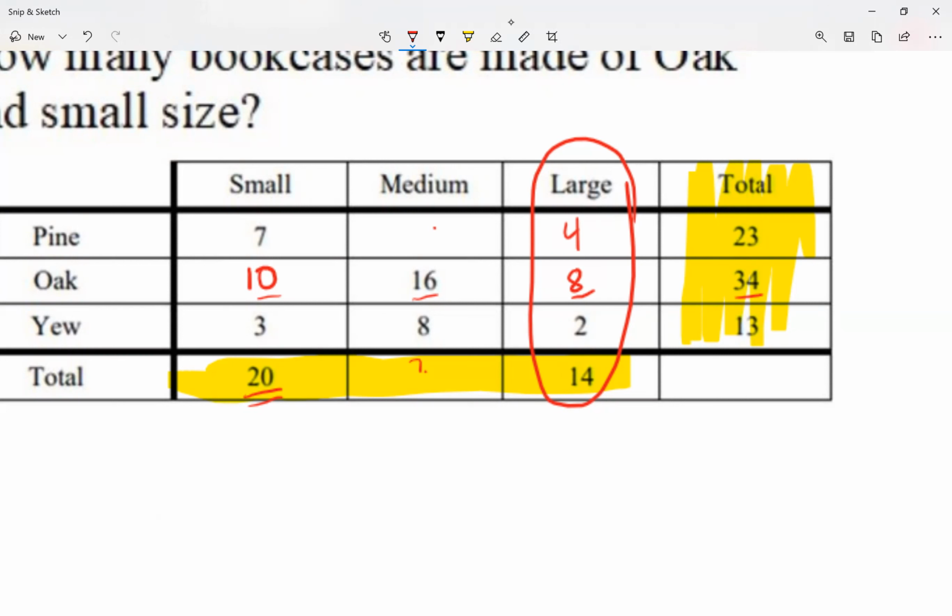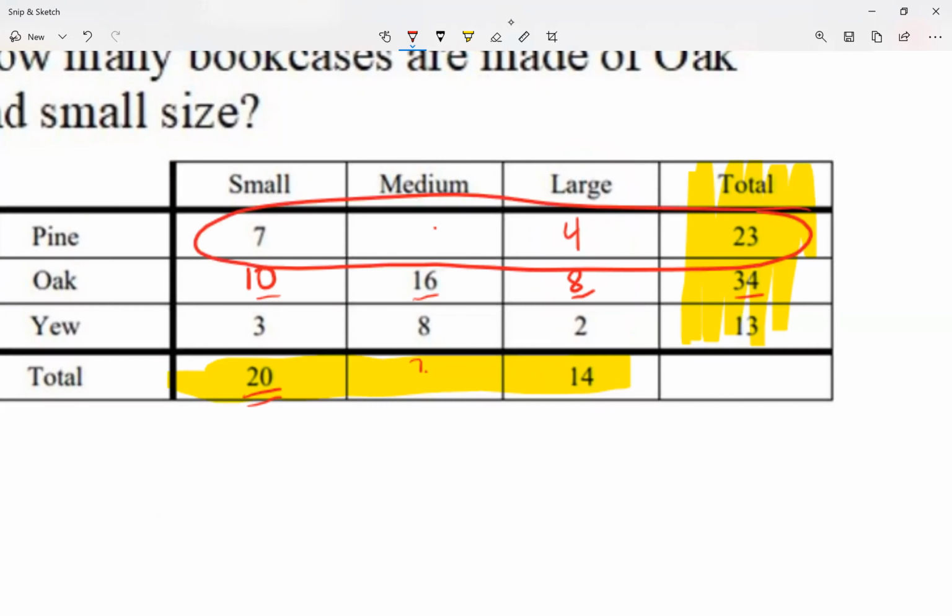I'm just filling out my empty spaces. I can look at this row because I'm only missing one space. 7 plus 4 is 11, and I need a total of 23, so the missing number is 12, because 7 plus 12 plus 4 has to equal 23.